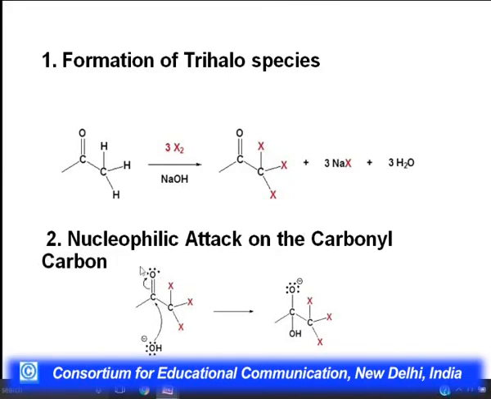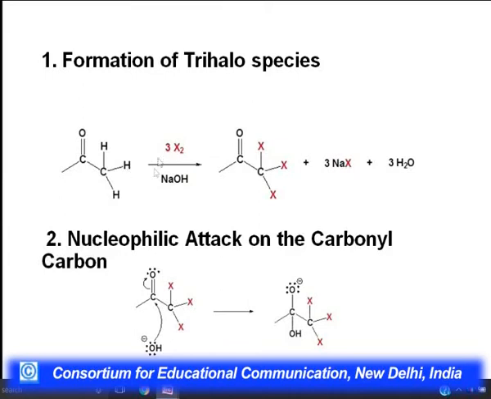Please remember, in the beginning of the reaction, when we started with the haloform reaction, I told you that this ketone reacts with 3 molecules of halogen, and what we've observed here is that it is replacing 3 alpha hydrogens. That is, an electrophile is substituting another H plus here.